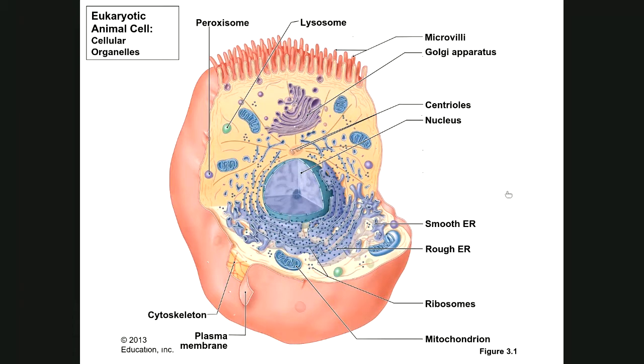The way we describe the structure of a membranous organelle: membranous organelles are formed by enclosed membranes made of the same organic compounds that form your cell membrane, also known as the plasma membrane.